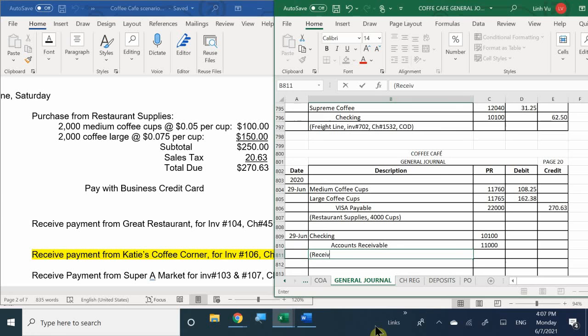Just so I know I got their check, and I got a credit. I'm not quite depositing this after I write my note. Invoice 104, and then check number 4512.